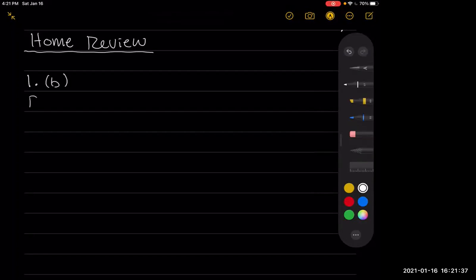This was where we needed to use the rational zeros theorem and find the possible real zeros and then solve for them. So first we look up here and we see that the leading coefficient is -1.